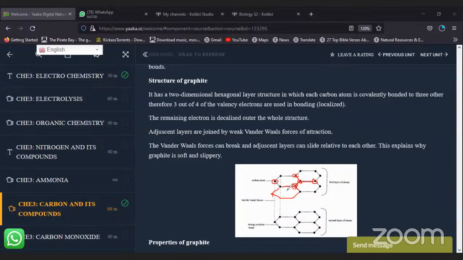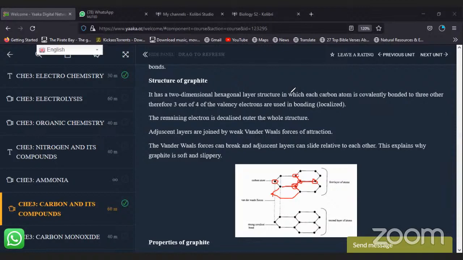The other part of the structure, or something important about the structure, is that the remaining electron is delocalized on the whole structure. So remember, carbon, we have said it has a valence of what? Who knows the valence of carbon? I mentioned it. If you know it, you can type it or just unmute and say it.